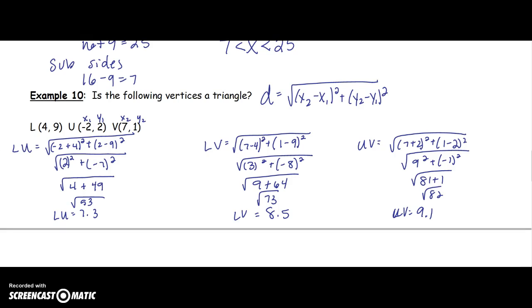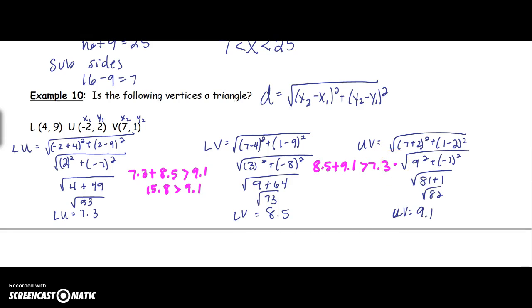If you noticed, the distance of all three sides of the triangle was found. Now you have to see if it is a triangle. That means you have to add together two sides. So 7.3 plus 8.5 has to be greater than that third side of 9.1. 7.3 plus 8.5 gives you 15.8, and that is greater than 9.1. Let's try another one. 8.5 plus 9.1 has to be greater than 7.3.